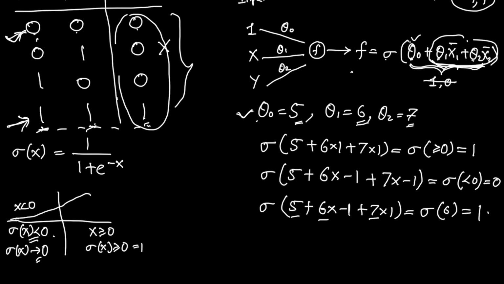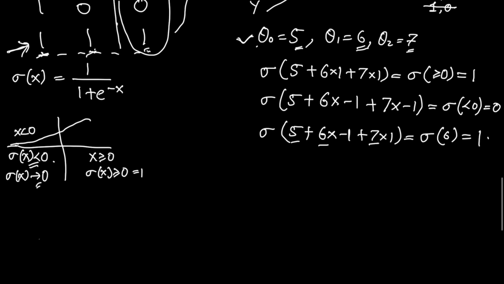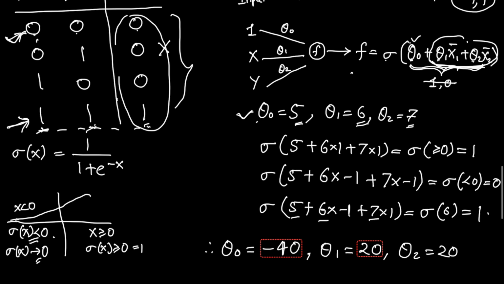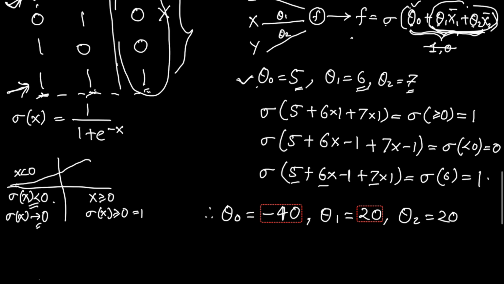So based on that, what do you think we should take theta naught, theta 1 and theta 2? Okay, let's try something like this. If I take theta naught as let's say -40, theta 1 as 20 and theta 2 as again 20. Why am I doing this? Let's calculate this sigma value for the first input.